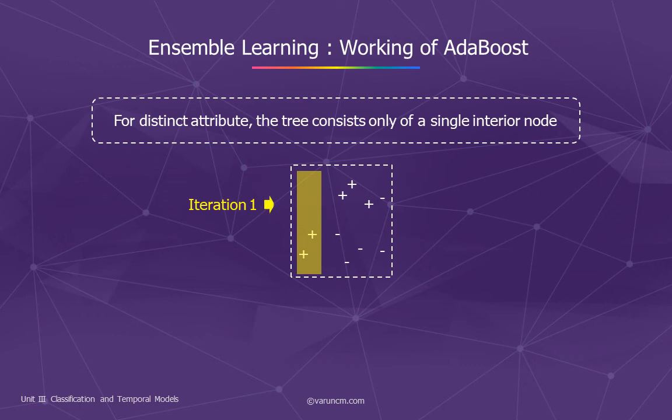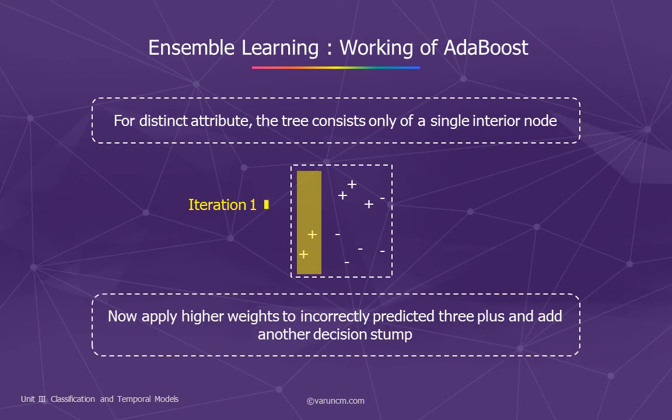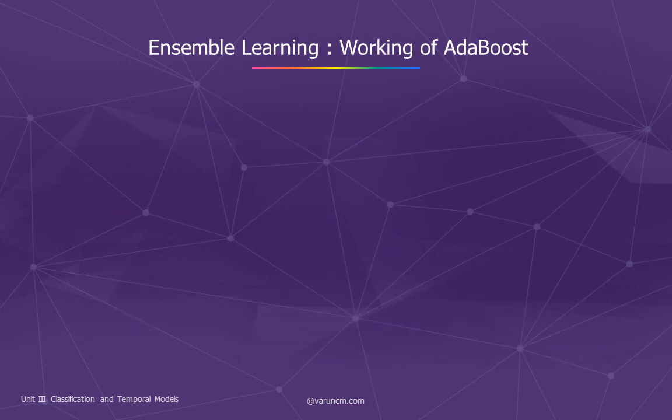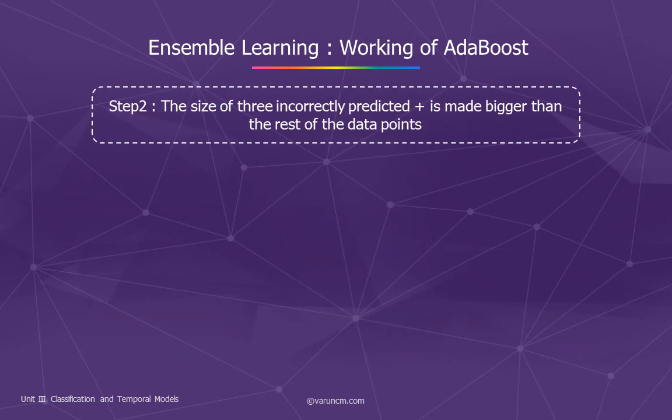So here 2 plus samples are identified or grouped correctly, even though 3 were left out. So now apply higher weights to these 3 incorrectly predicted plus and add another decision stump. In the next decision stump, the size of the 3 incorrectly predicted plus is made bigger than the rest of the data points.